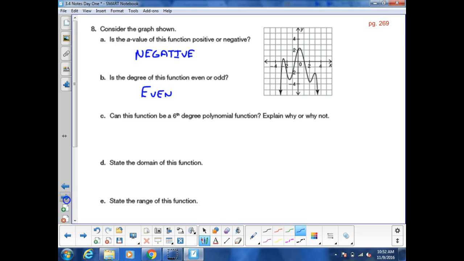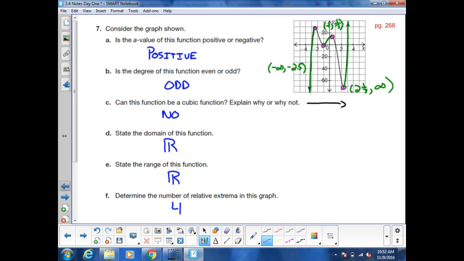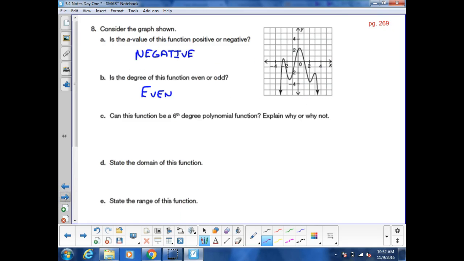Could this be a 6th degree polynomial function? Yes, let's count extrema on this one. Oops, extrema was purple. Sorry about that. 1, 2, 3, 4, and 5. So there's 5 extrema, which means it could be a 6th degree polynomial function.